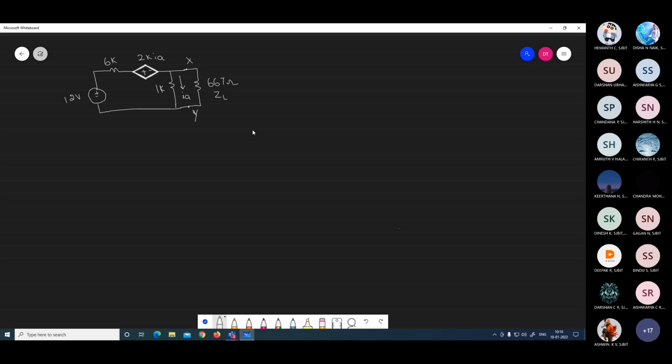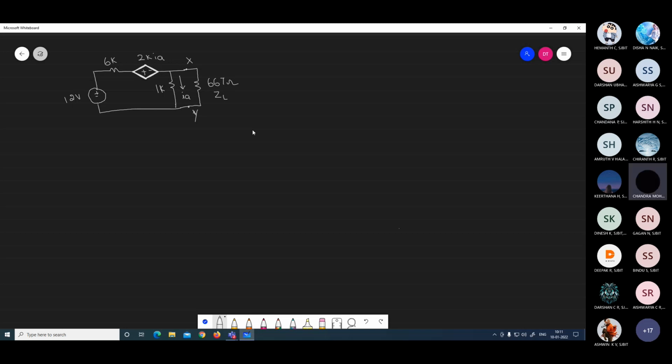Aishwarya, answer attendance. Present, sir. Aishwarya GS, present, sir. Akash, yes, sir. Anamika, present, sir. Anirudh, yes, sir. Ashwini KV, present, sir. Bhavani, present, sir. Bindu, present, sir. Chandana, present, sir.